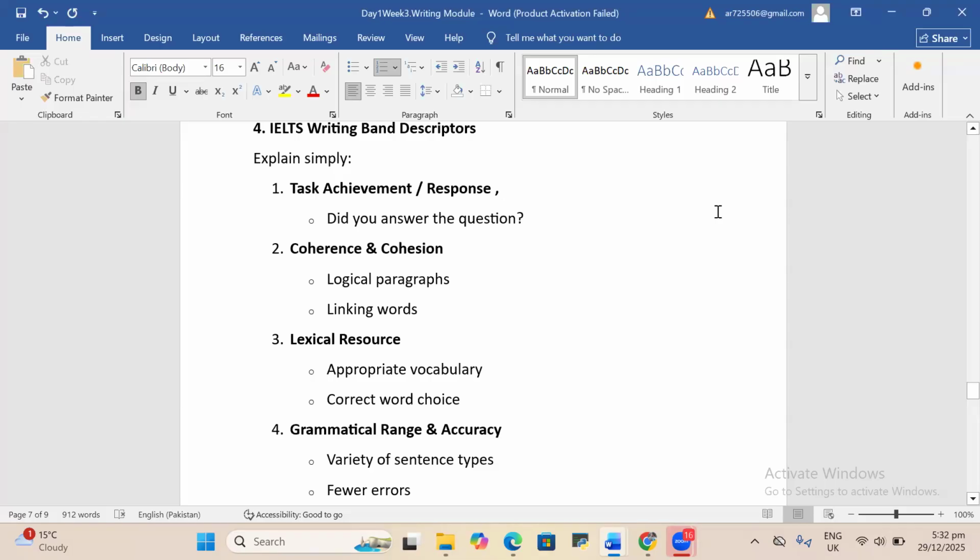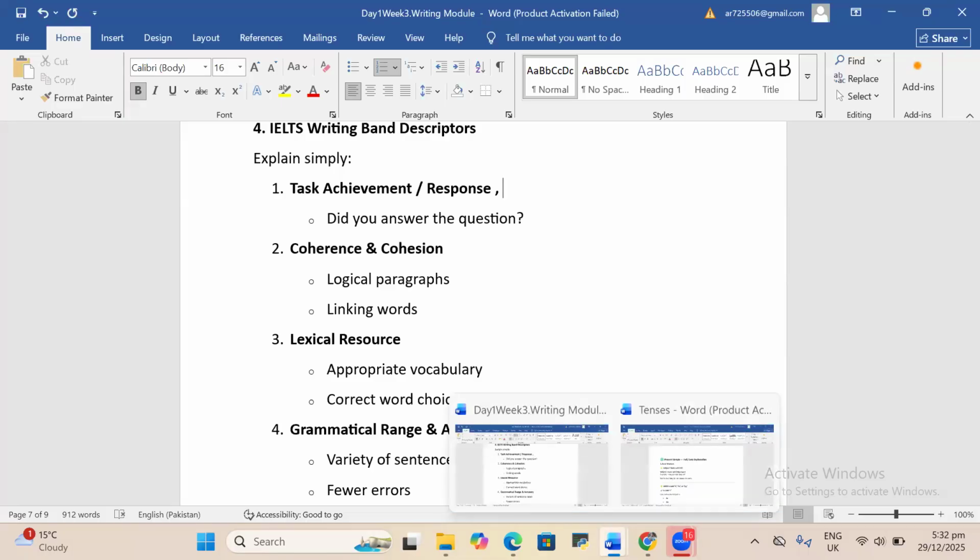Okay. Many times students say that we actually face problems in sentences, so we will also prepare a list that can help students correct their tense use, and they can also use that material to improve their simple sentences and complex sentences.